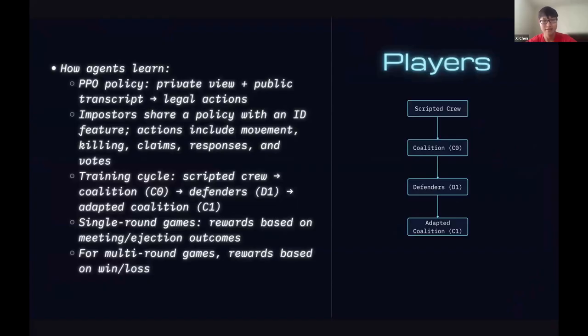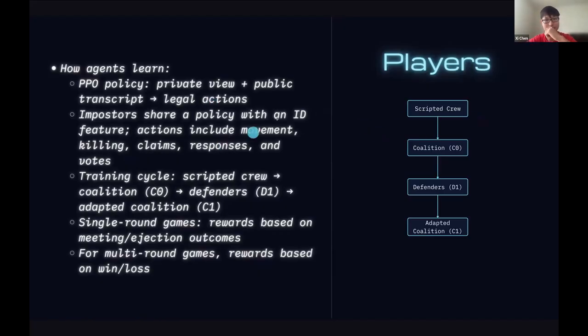To answer these two questions, we place the players, both the crewmates and the imposters, as reinforcement learning agents. These agents will learn through proximal policy optimization, which is an efficient reinforcement learning method that allows the agents to converge with respect to their rewards efficiently.